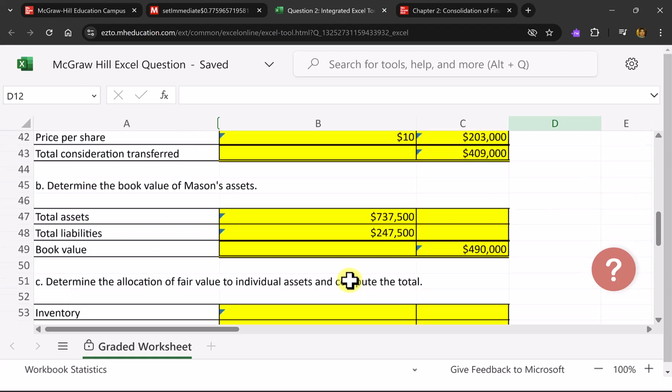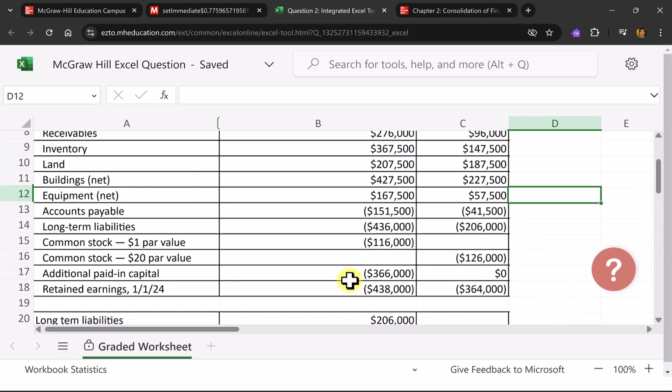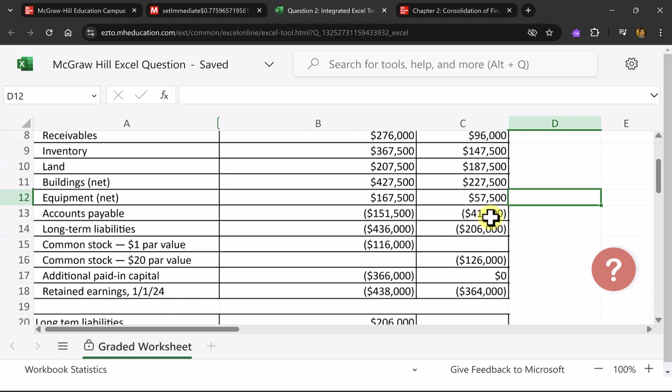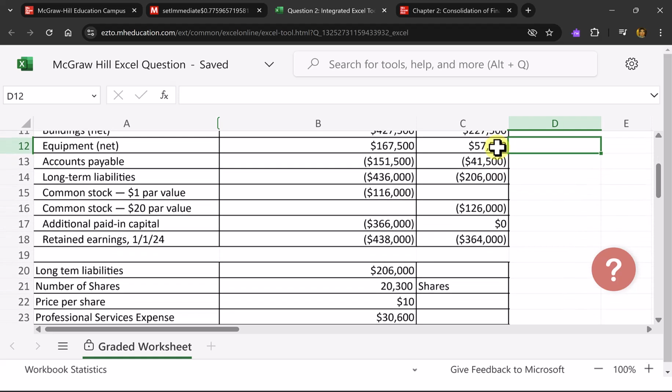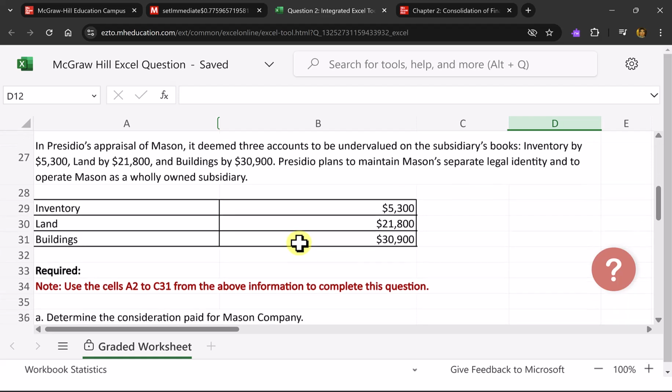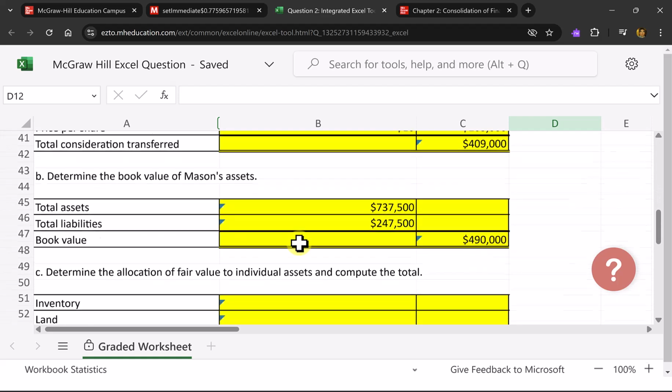Inventory, land, and building. All three, notice it's bunched together. Bunched together here makes it a little bit more simple when I enter a formula. And then that's book value, but not the fair value. So we need to increase it by an additional amount here. And again, it's all bunched together in the same order. So our formulas are going to be easy to enter.